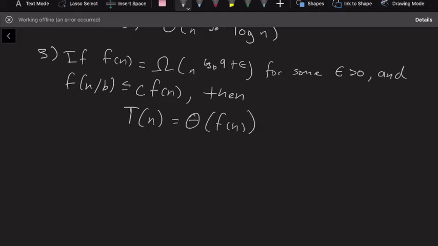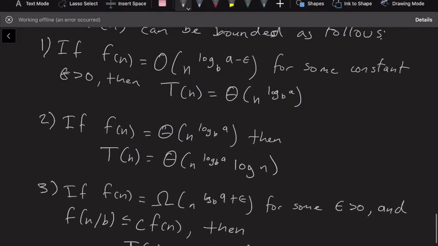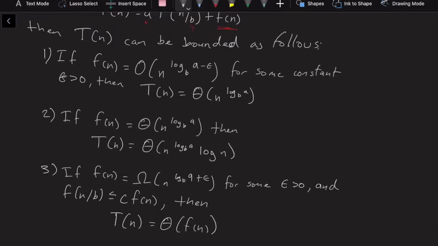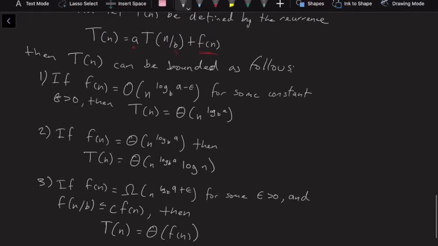Now, these three cases seem a little arbitrary and there's not a lot of intuition behind them. And that's the case with the master theorem. In reality, there's not a lot of intuition behind each one of these approaches.